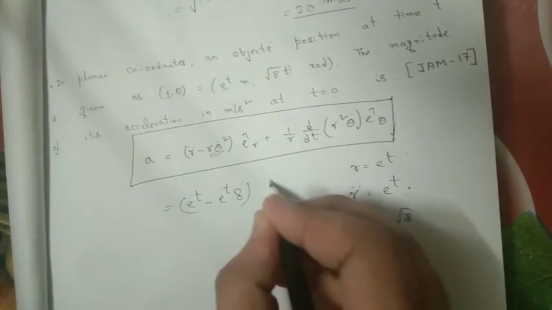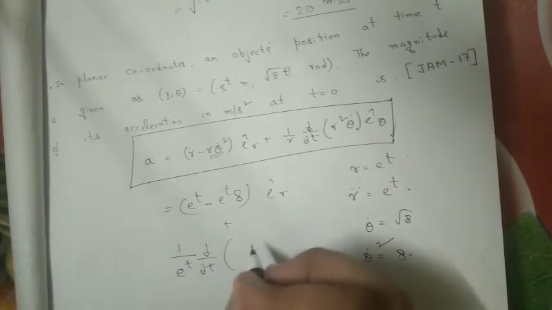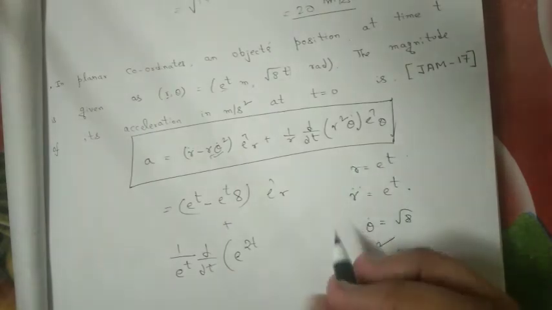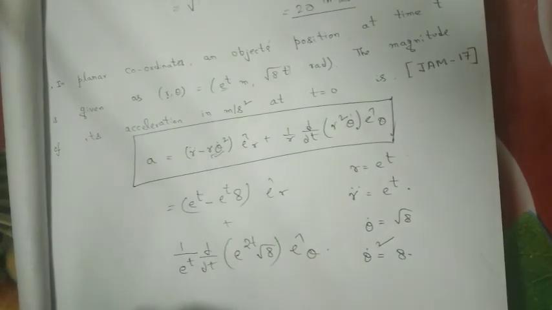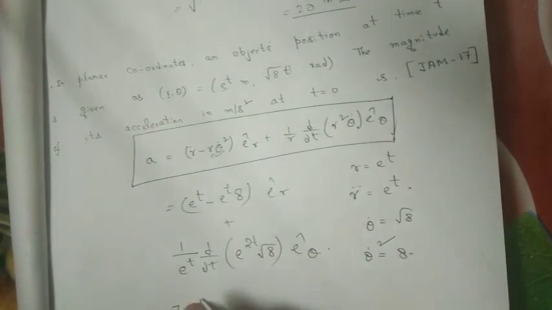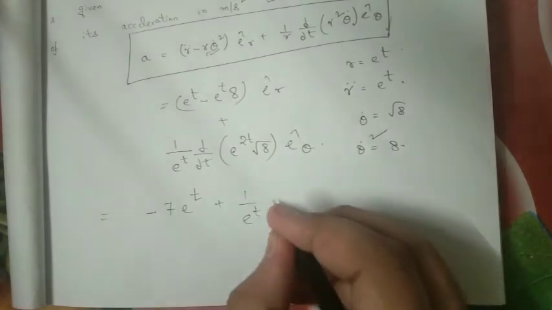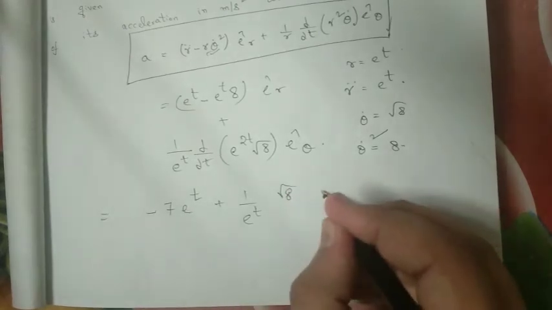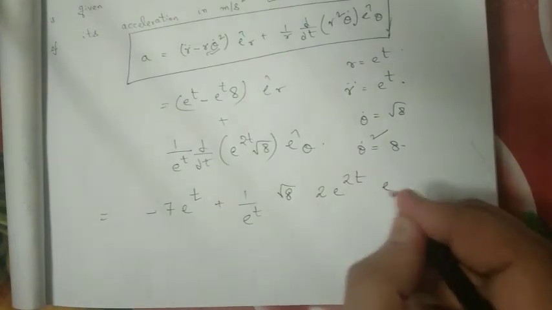1 upon r is e to the power minus t, d by dt of r squared is e to the power 2t, times theta dot, so root 8. So this is minus 7 e to the power t plus, root 8 is a constant, 2 e to the power 2t.